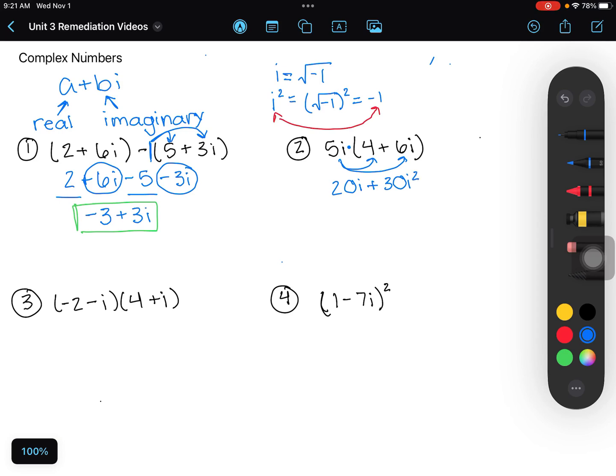If we think back to what we know that i squared is, the next thing we need to do is replace that i squared with -1. So my first term doesn't change, but then 30 times -1 gives me -30. And since my real part always needs to come first, I just need to rewrite this for my final answer. So -30 plus 20i. And we are all good.